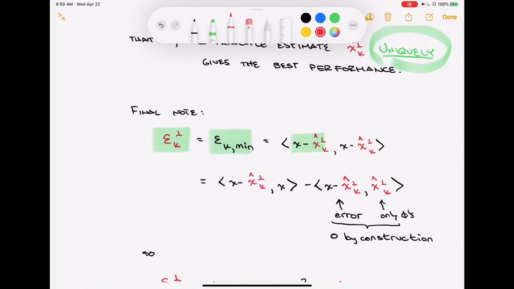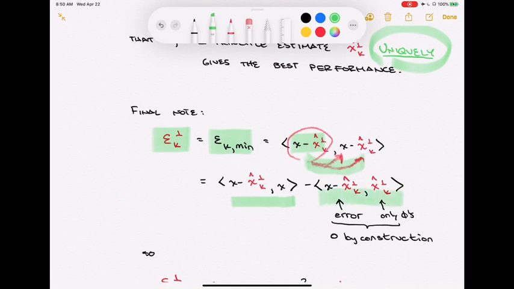So I'm going to take this first term and distribute, taking the inner product of that with the first piece, and then subtract the inner product of that with the second piece. So first, I'm going to take the error and inner product it with x. That's this piece. And the second one is the error inner product with the x hat perp k, and then the minus sign can be pulled out. So that's the second piece.